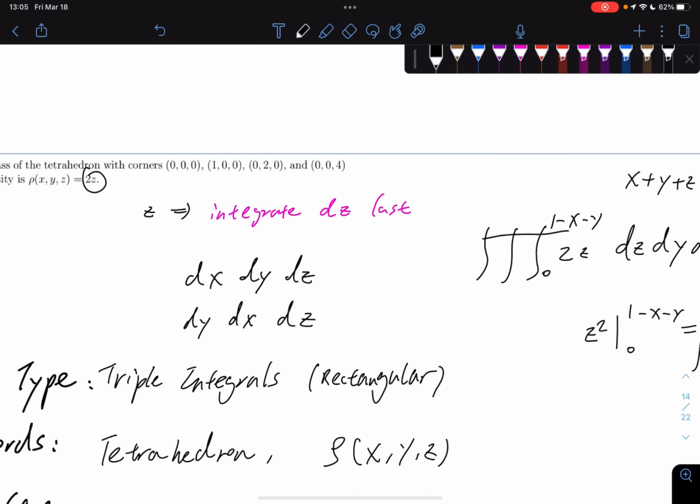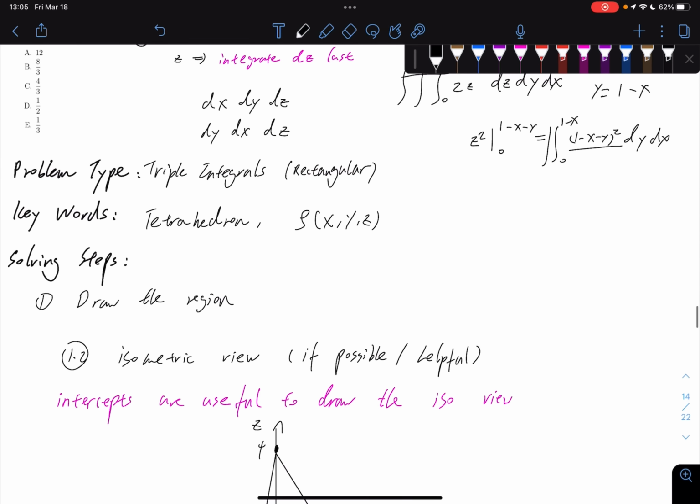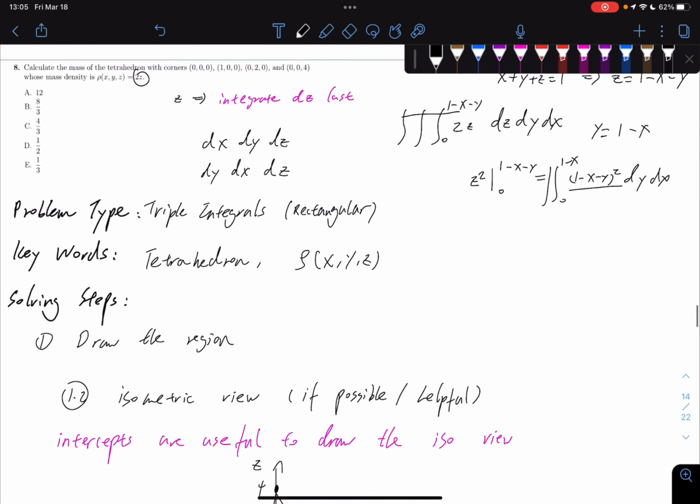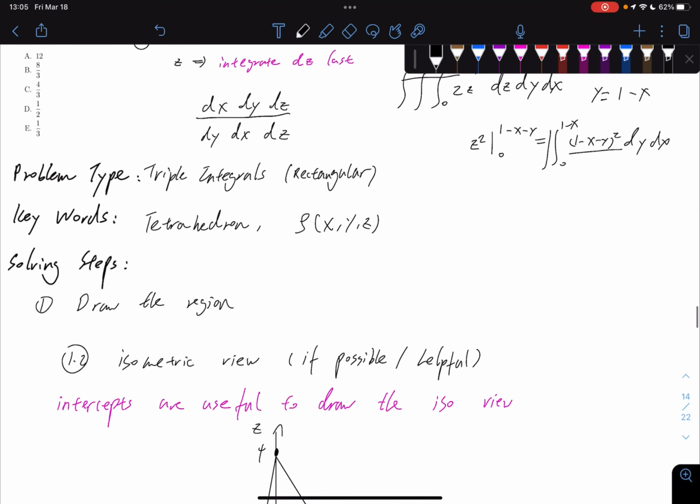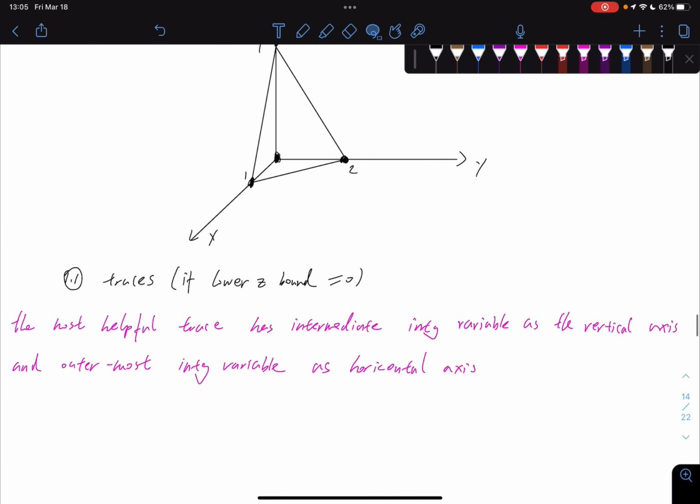Personally, I would go with the first option, because as we discussed before, the most helpful trace has the intermediate integration variable as the vertical axis and the outermost integration variable as the horizontal axis.